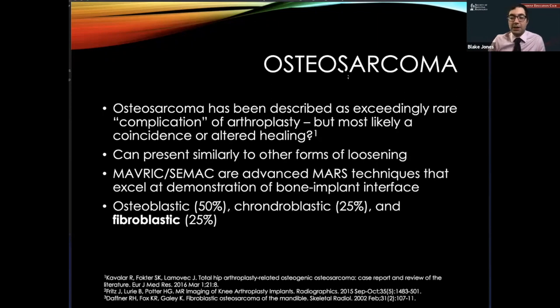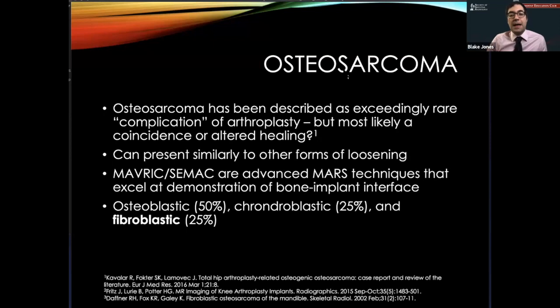That's not really how they're talking about it, because it's incredibly rare, and it's probably just a coincidence because many people who get osteosarcomas are older, and the location in the bone can be kind of similar to where an arthroplasty is going to be. Obviously, as illustrated by this case, it can present similarly to other forms of loosening.